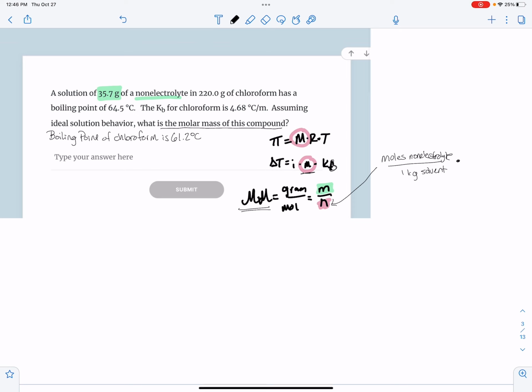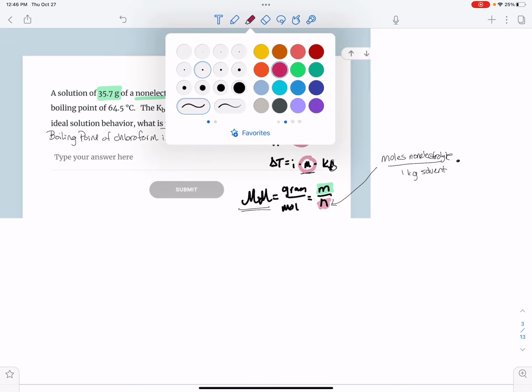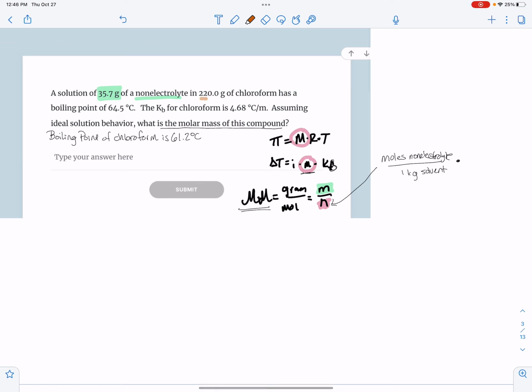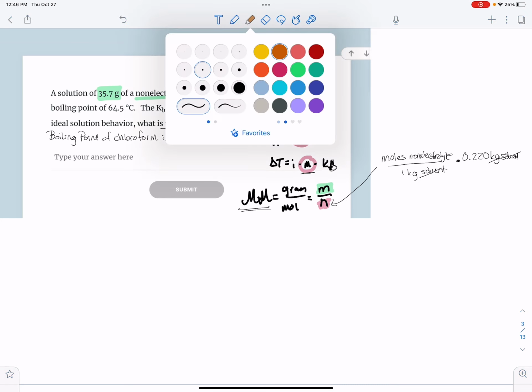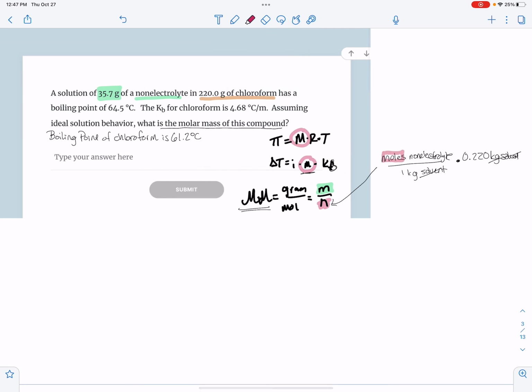Somewhere else in the problem, it'll give you information that lets you get rid of solvent. So ultimately, we'll multiply this by 220 grams, which I'm converting in my head by moving the decimal 3 places, to 0.220 kilograms of solvent. Then you can see how those units cancel, and that's how we end up with a value that we can put in that top term.